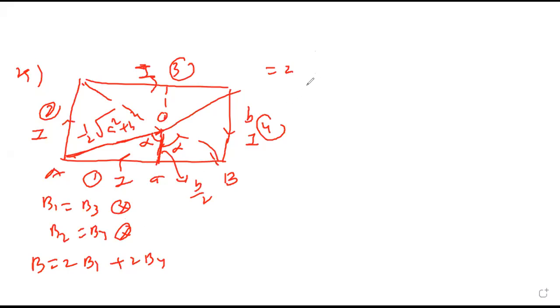So my formula is B1 equals mu naught I upon 4 pi times distance B by 2, into sine alpha plus sine alpha.